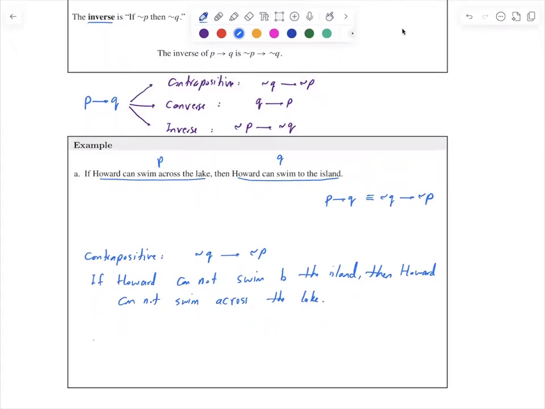What about the converse? So if I ask you to write down the converse, converse is clear, Q, then P. So you're just going to write down, if Howard can swim to the island, then Howard can swim across the lake.